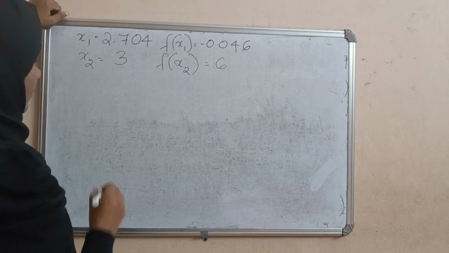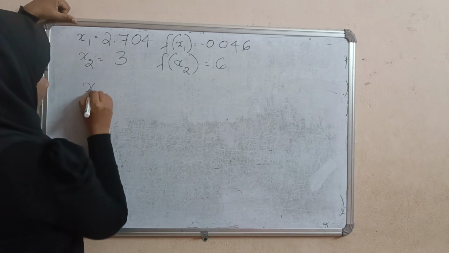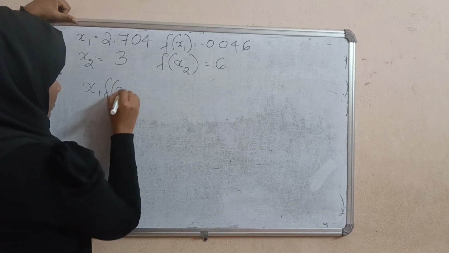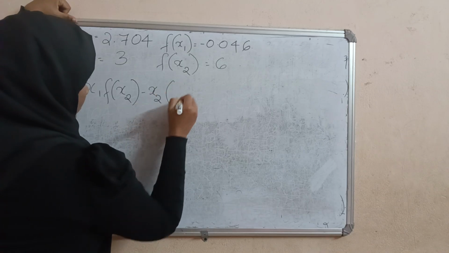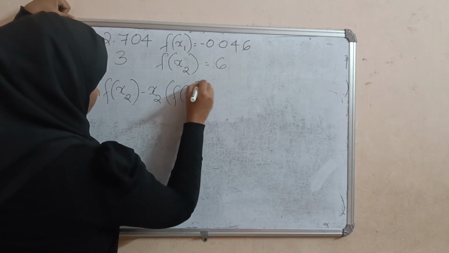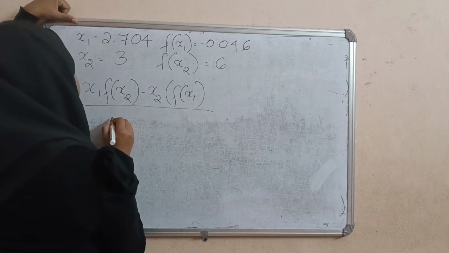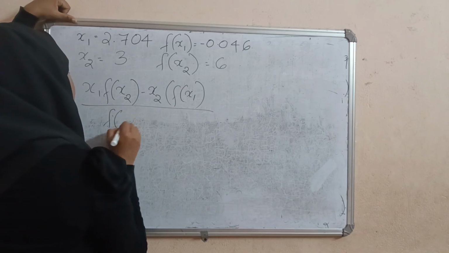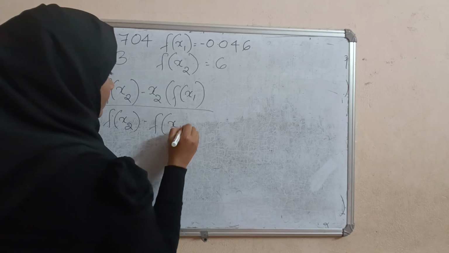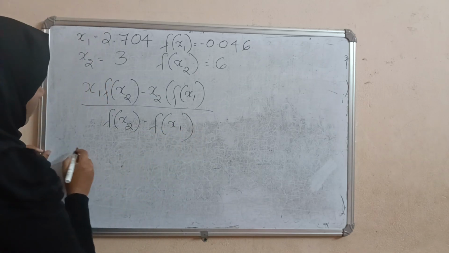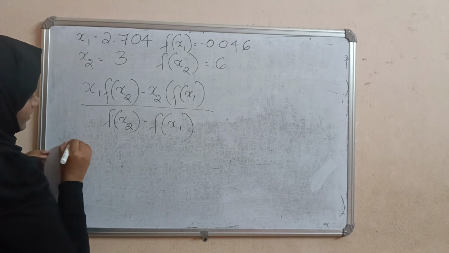Again we are plugging into our formula: x1 into f of x2 minus x2 into f of x1, whole divided by f of x2 minus f of x1.